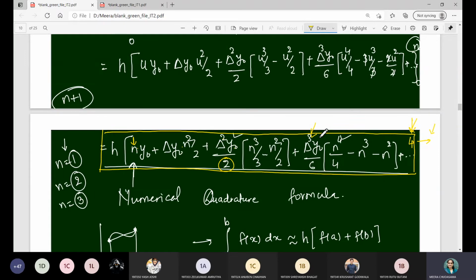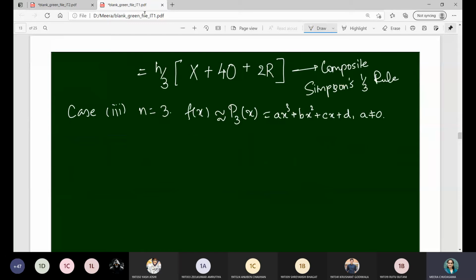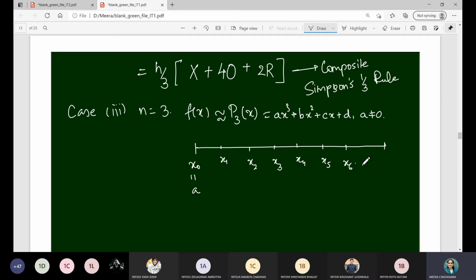When we consider n equal to 3, the computations are somewhat tedious, so I am directly giving you the formula, but you have to consider one thing. Suppose we are given the interval x0, x1, x2, x3, x4, x5, x6 and so on.